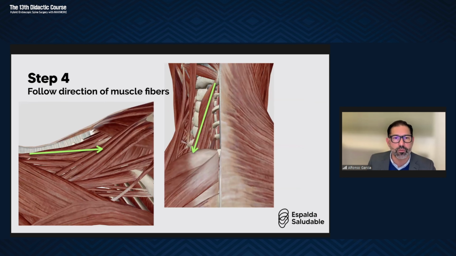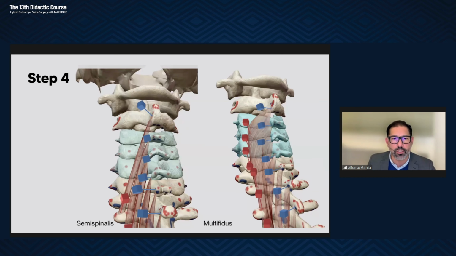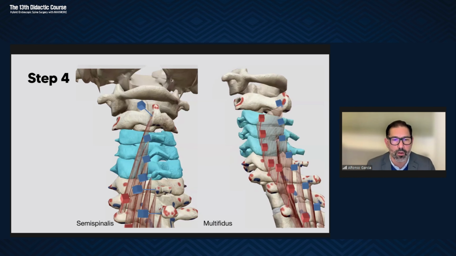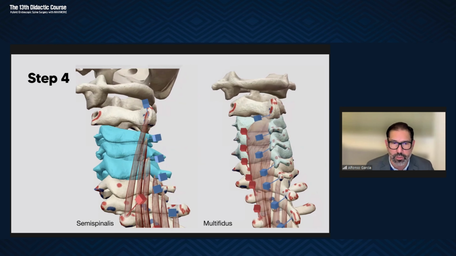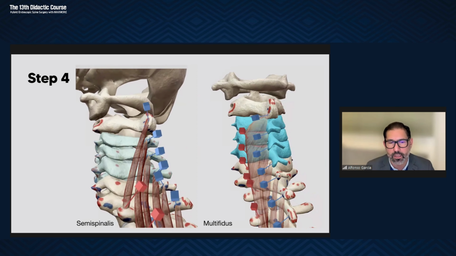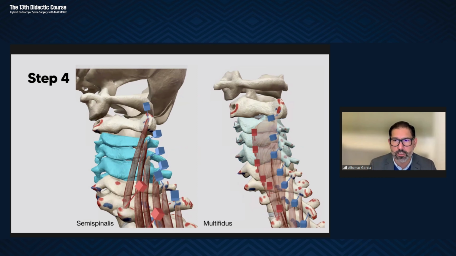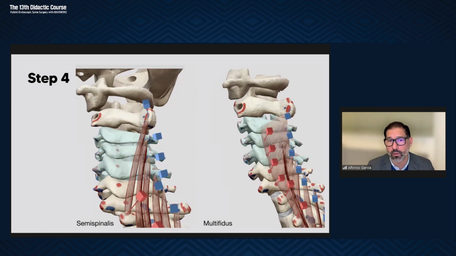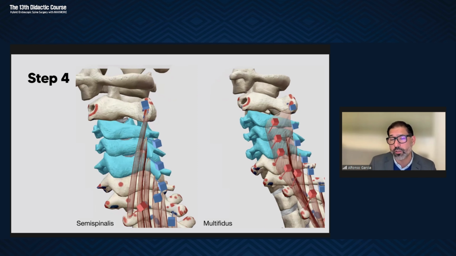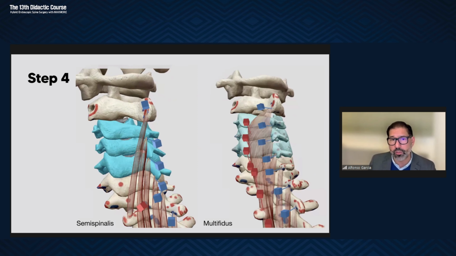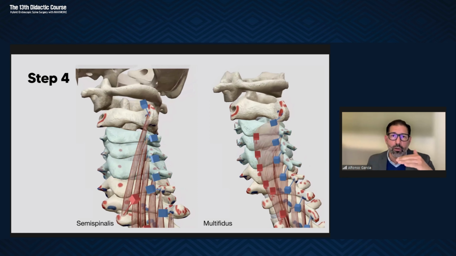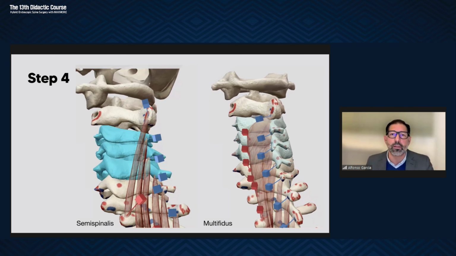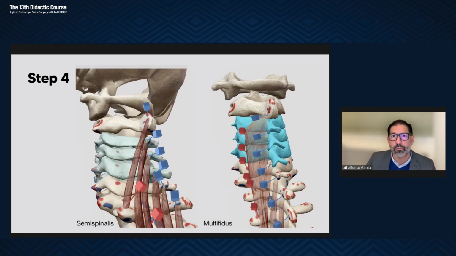Follow the directions of the muscle fibers until you reach bone, and be aware of the deep insertions of the muscles you will find, which are the semispinalis and the multifidus muscles. Once you separate the fibers of those muscles, you will reach bone, and you have to touch the inferior edge or border of the superior lamina, and that is more than enough.